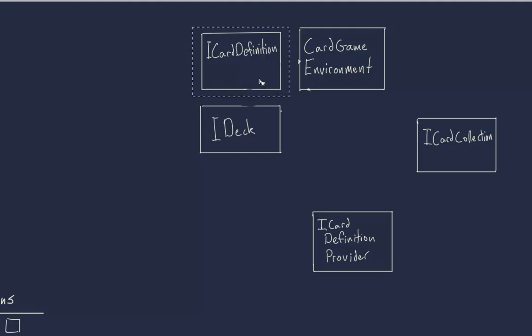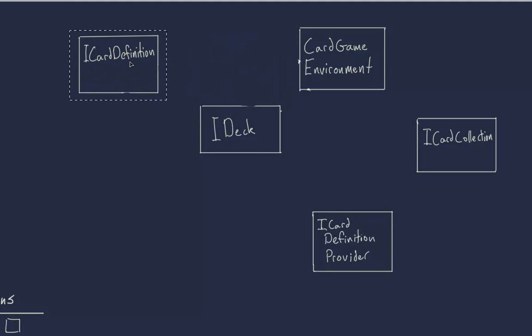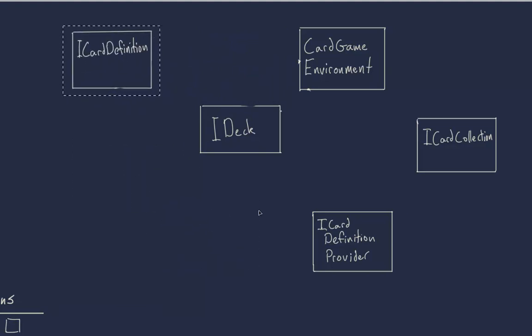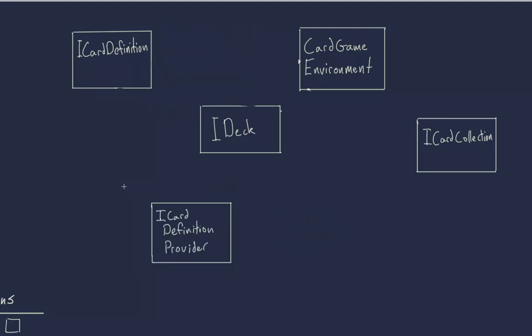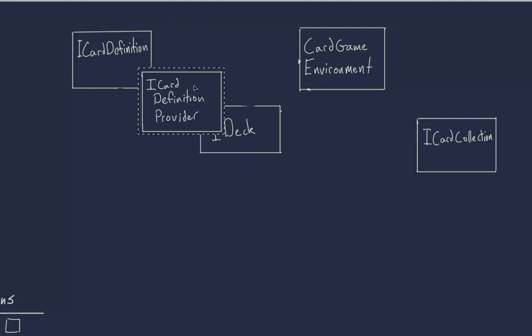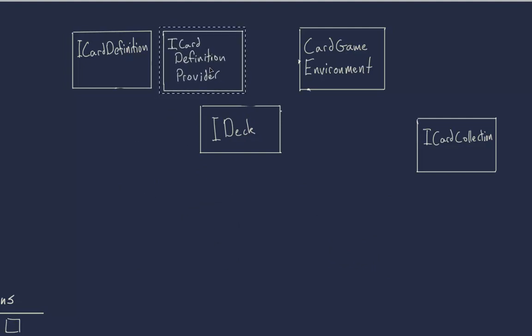Okay, who goes first? Okay, so all the way on the left is iCard definition. To the right of him goes the iCard definition provider. There we go. I have to make my box a little smaller. And then to the right of the iCard definition providers goes the iCard collection.